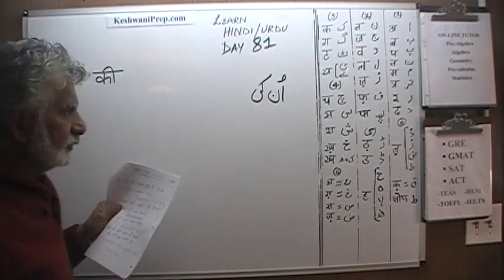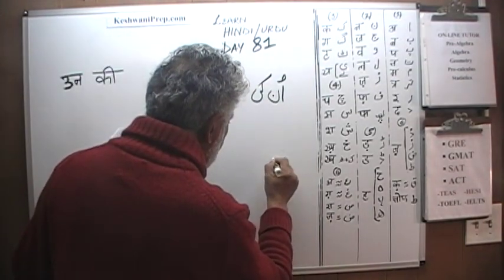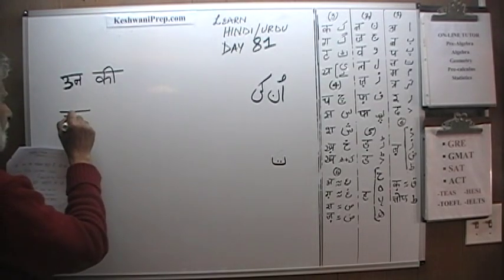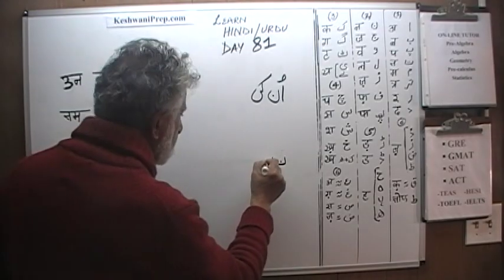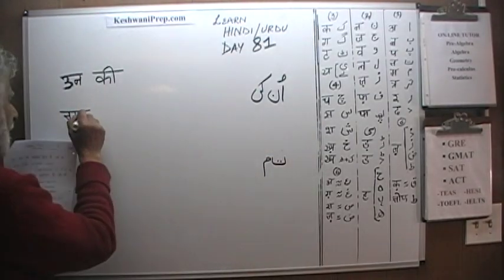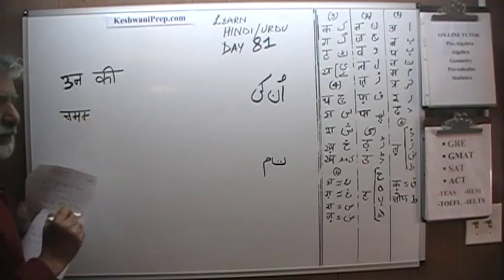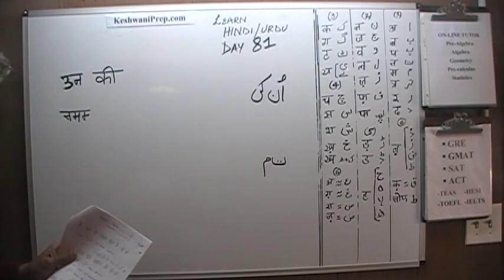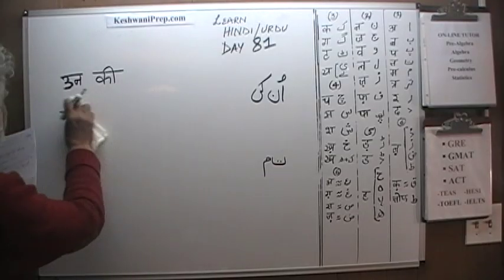The next word is a vocab word. The word is ta, ma, and then in half na, because this na, actually this is not a na, this is a ma.